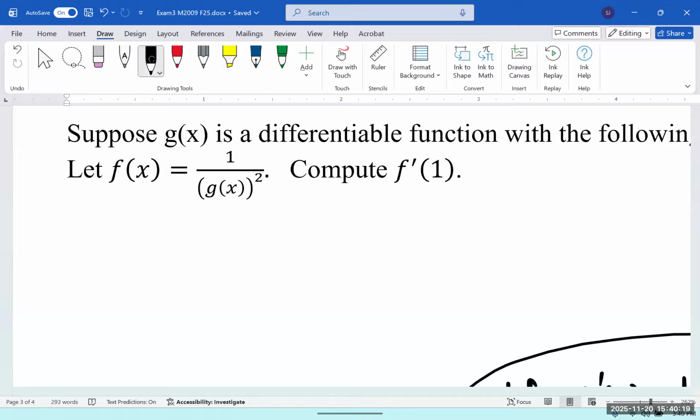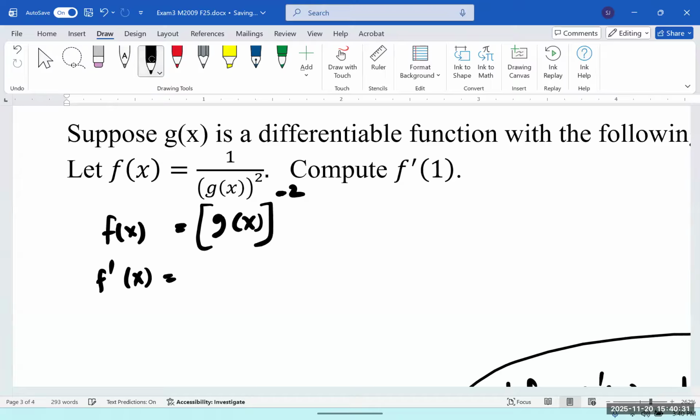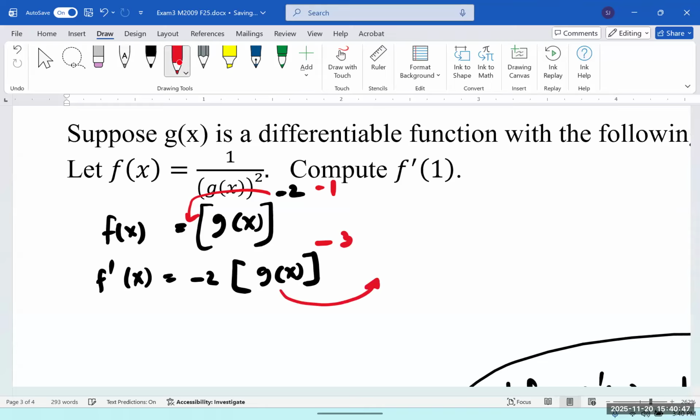So you can rewrite this with negative power: g of x to the negative 2 power. To take the derivative, you bring the power down and then power minus 1. So you have negative 2 g of x to the negative 3, and then you have to multiply by the derivative of the inside, so times g prime of x.